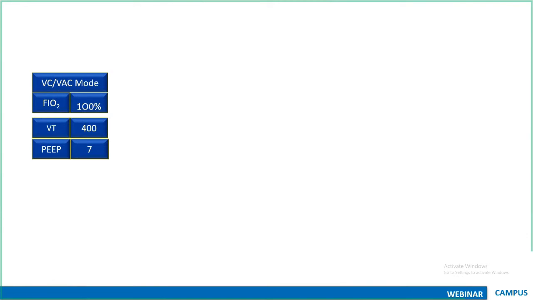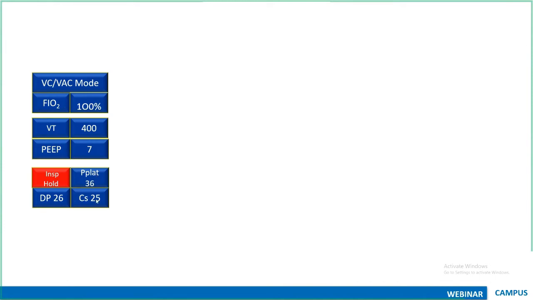I've intubated the patient and put the patient on volume control mode, 100% FiO2, tidal volume 400, PEEP at 7. So what do I have to do next? I have to see what the driving pressure and the compliance are. I put the patient on inspiratory hold. My plateau pressures are high.